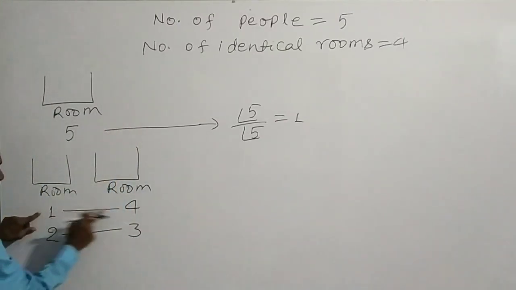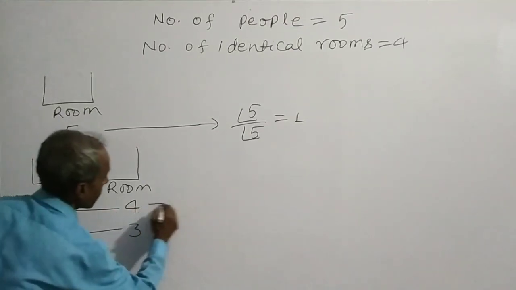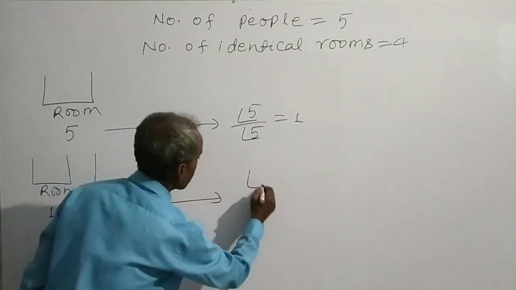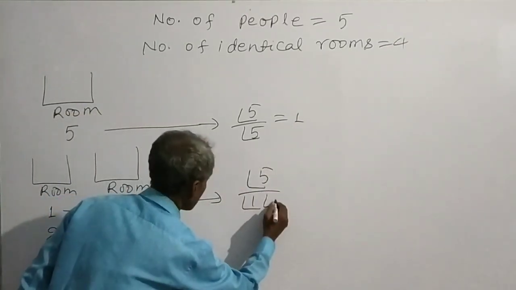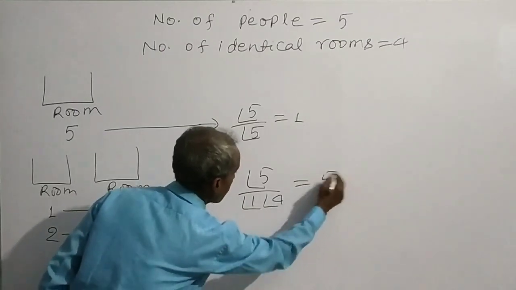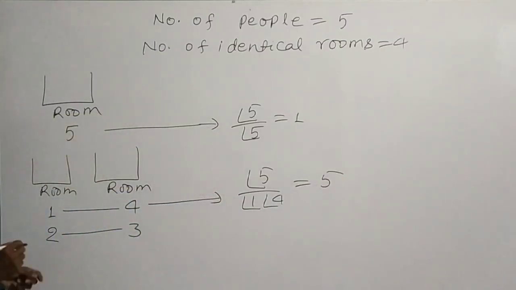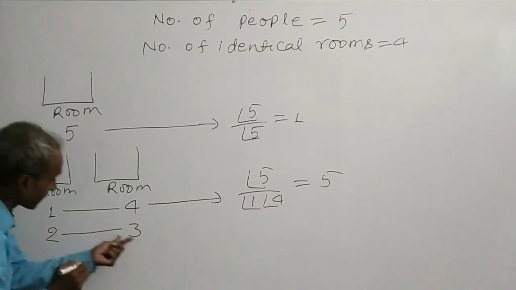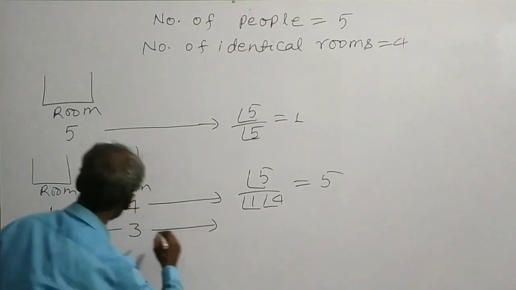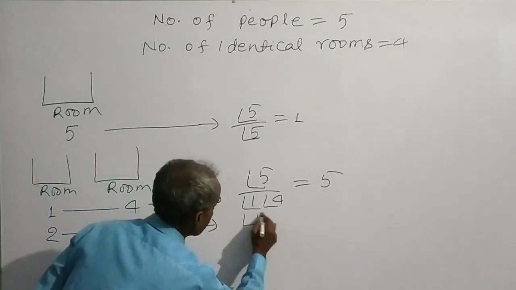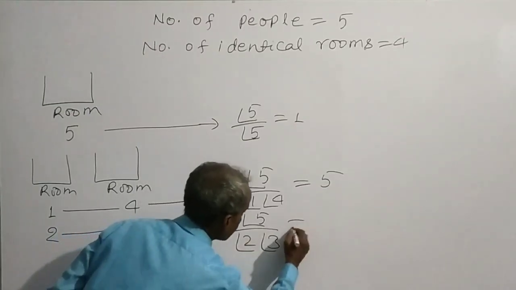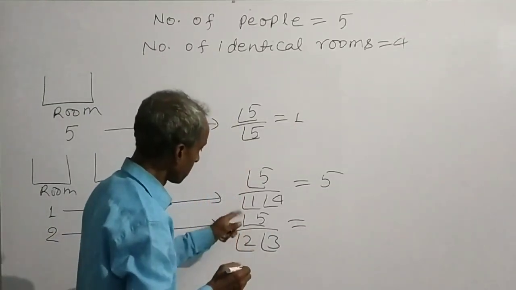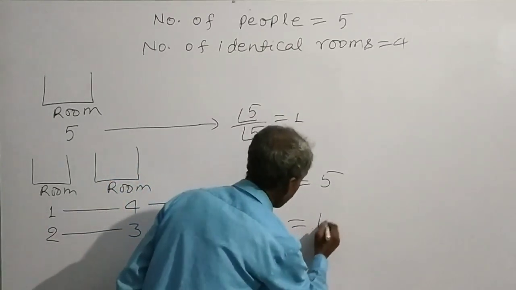When we distribute people in this way, the number of ways will be factorial 5 by factorial 1, factorial 4, which is equal to 5. When we distribute people in numbers 2 and 3, the number of ways will be factorial 5 by factorial 2, factorial 3, which is equal to 10.